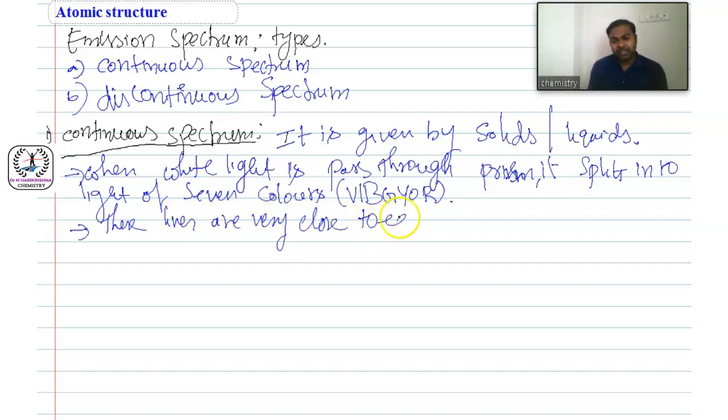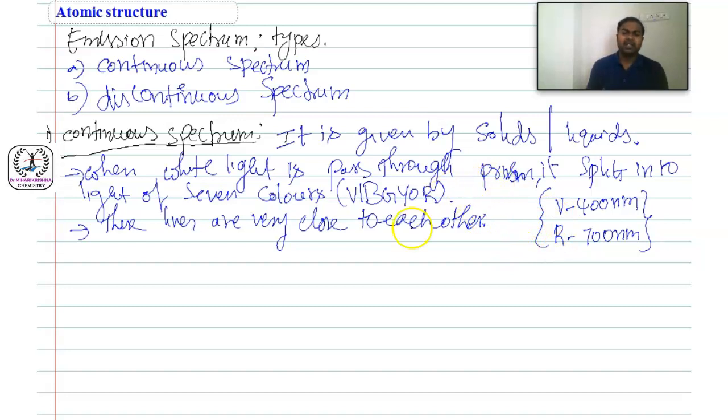These lines are very close to each other. Normally violet starts at 400 nanometer and red ends at 700 nanometer. In this range, lines are very close to each other. That's why we call it continuous spectrum.